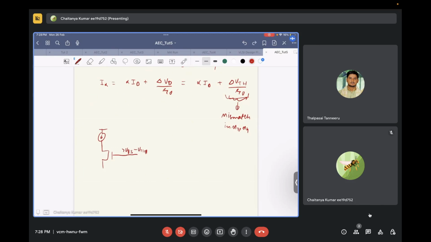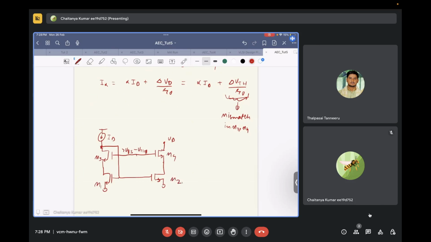This is ID. This is VD. This is connected like this. Now this was M3, M4, M1 and M2.